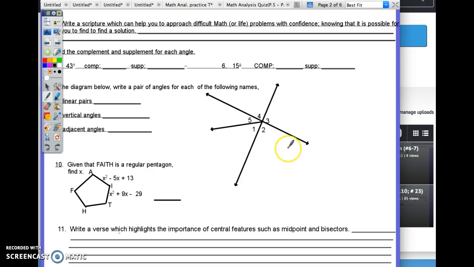Okay, what do we have here? Let's take, well, the most important first. Write a verse which highlights the importance of central features such as midpoints and bisectors. I trust you remember this one, central features. Hear the word central, and that talks about the heart.